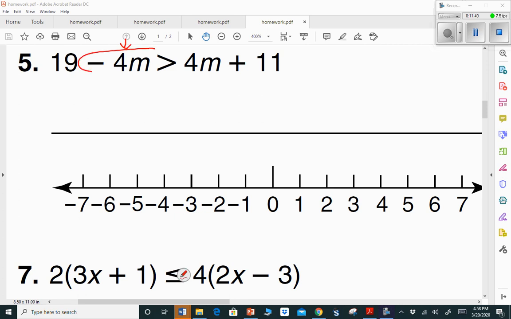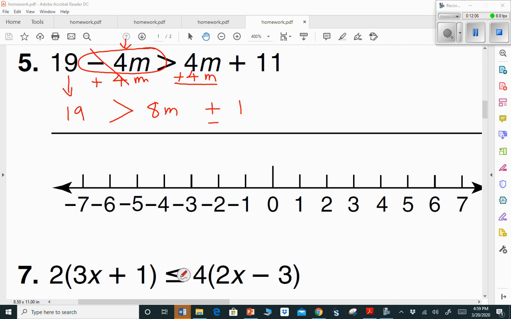Minus 4m, that minus goes with the 4m. We're going to put plus 4m. If we do that to one side, we have to do that to the other side. So we'll bring down our 19. This goes away. Bring down your greater than. 4m plus 4m makes 8m plus 1.